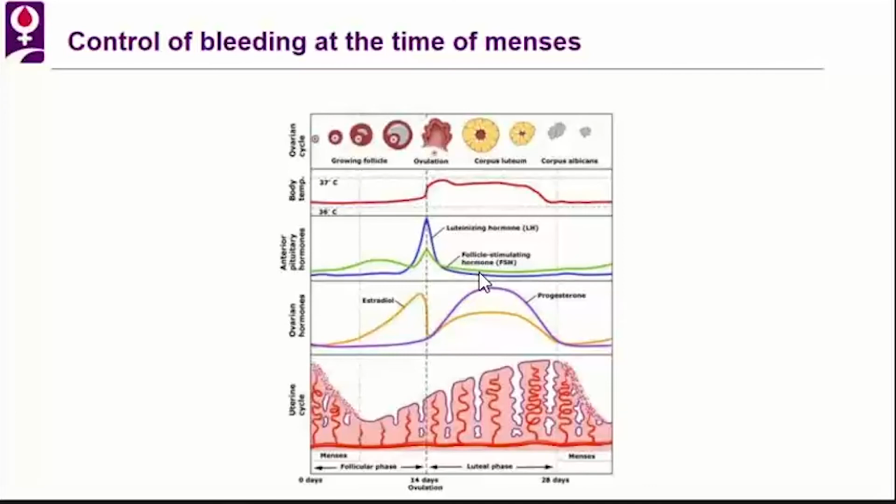What about control of bleeding at the time of menses? During the menstrual cycle, the lining of the uterus, figured there on the bottom row of this cartoon, otherwise known as the endometrium, undergoes preparation for a possible pregnancy.